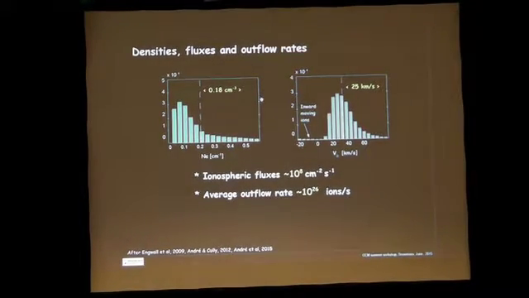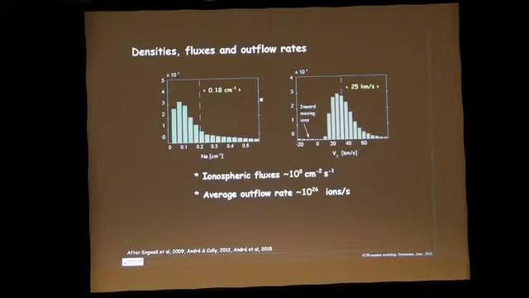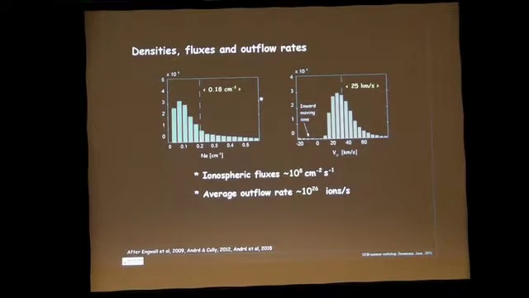If you take these measurements over many, many years and try to derive distributions, we typically get densities measured by Cluster in the lobes of the order of 0.1 per cubic centimeter.